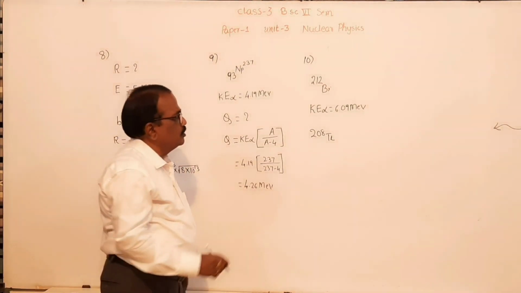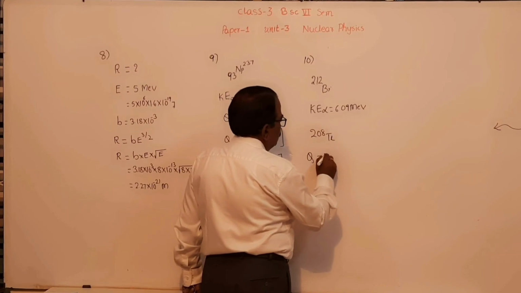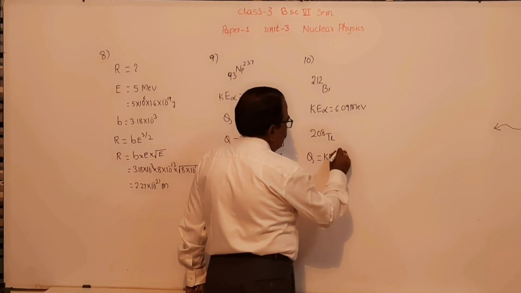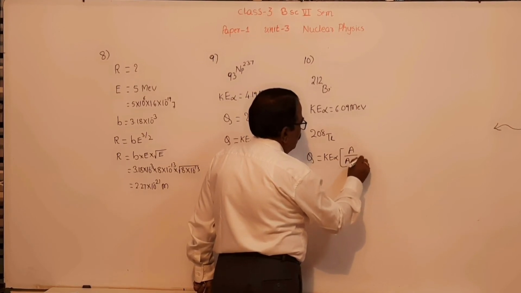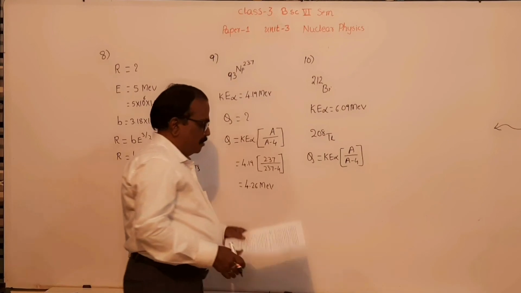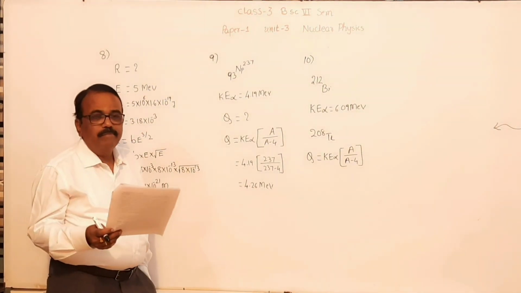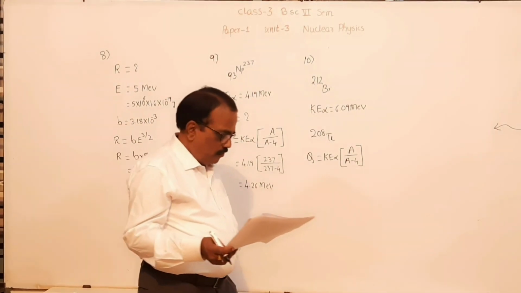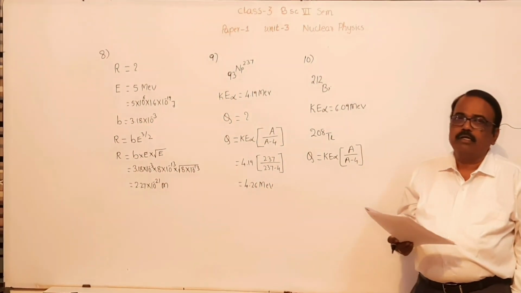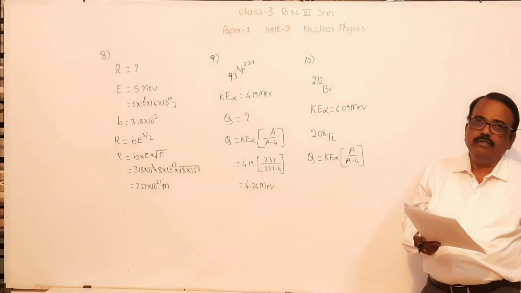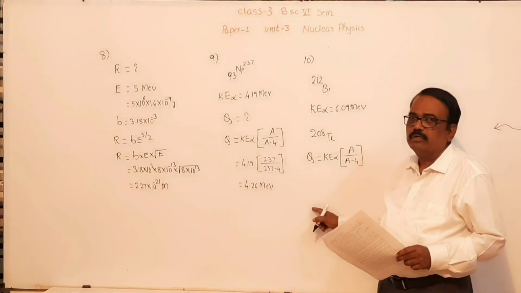Calculate the corresponding disintegration energy, once again Q. You know this KE alpha into, once again you have to use this formula, A upon A minus 4. They have given here the sixth group of alpha particles. If the kinetic energy of the alpha particle were given six times, you would have to calculate this equation six times.